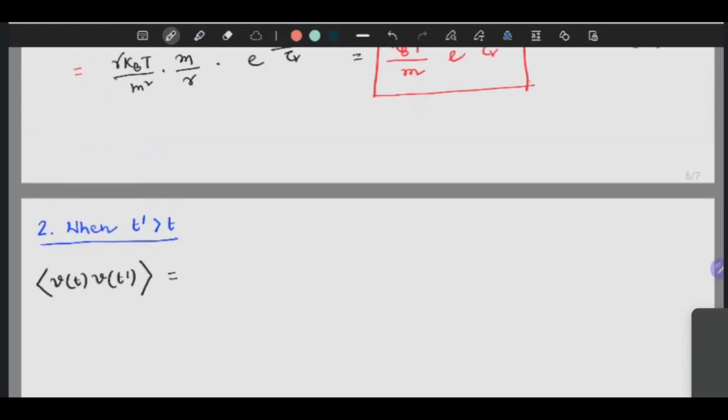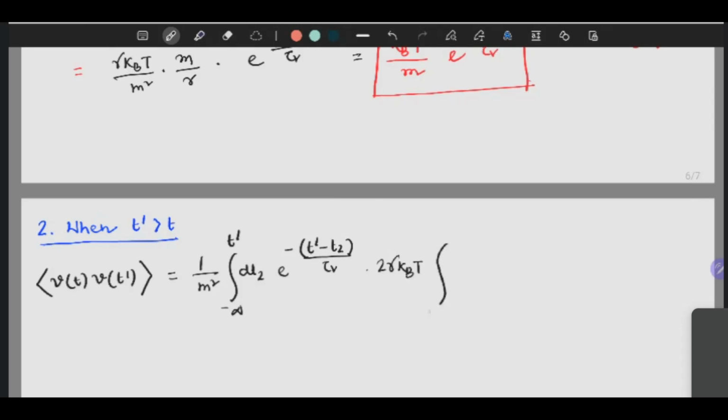Since t prime is more, I will write that thing first. So minus infinity to t prime dt2 e to the power minus (t prime minus t2) by tau v, and into 2 gamma kbt, since it is constant.